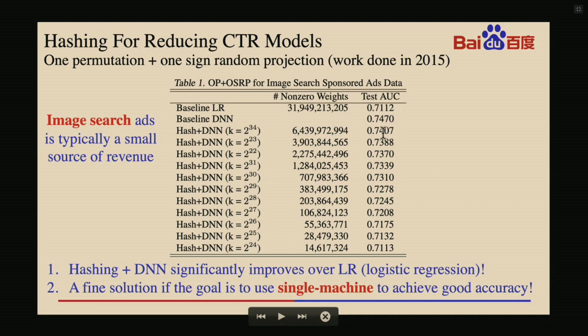Although there is still a 0.7% difference from the DNN, we can claim that hashing plus DNN can significantly improve over the logistic regression and is somewhat close to the DNN. It will be a fine solution if our goal is to use a single machine to achieve good accuracy.